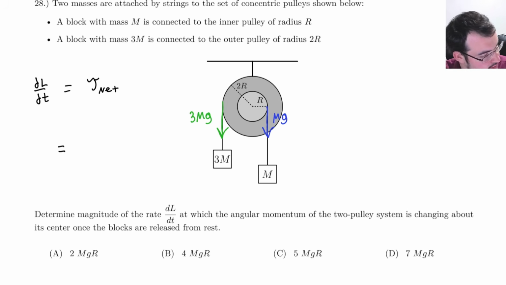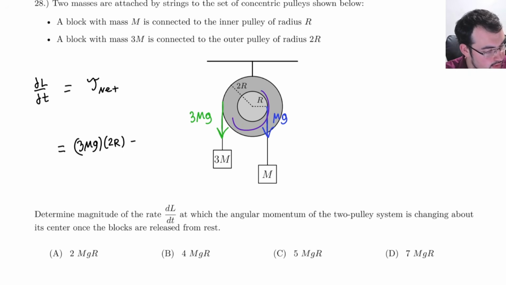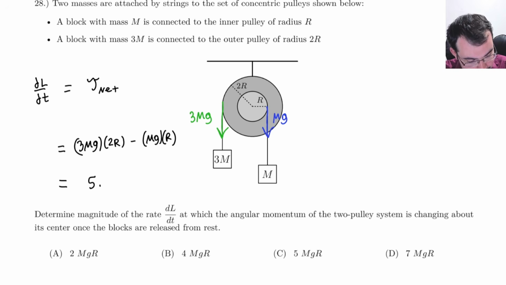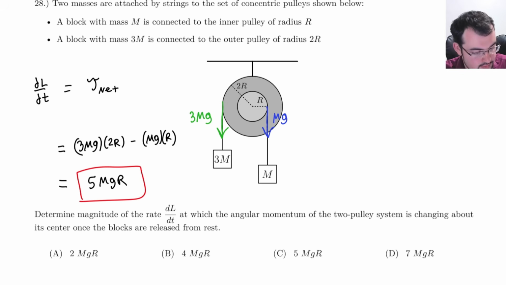Well, driving the pulley counterclockwise would be a 3mg acting at a distance 2r from the center. And then trying to pull it the other way, clockwise, would be an mg oriented 1r away. So we get 6mgr minus 1mgr, which makes 5mgr. Couple steps, level 2.